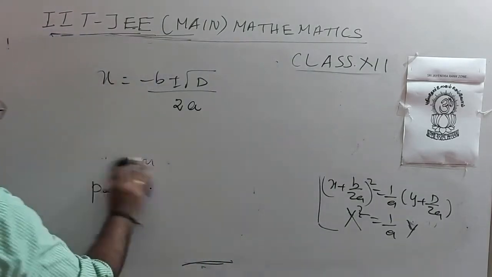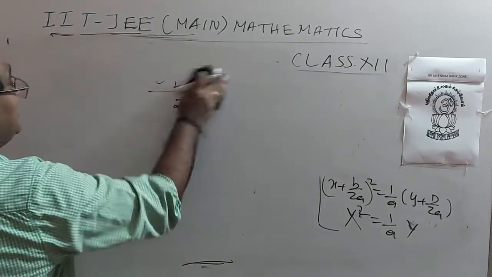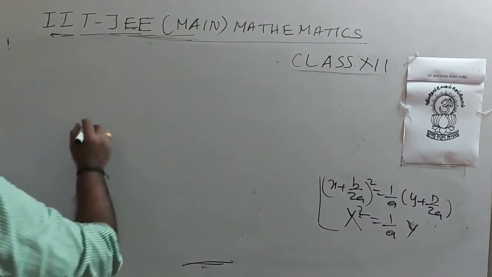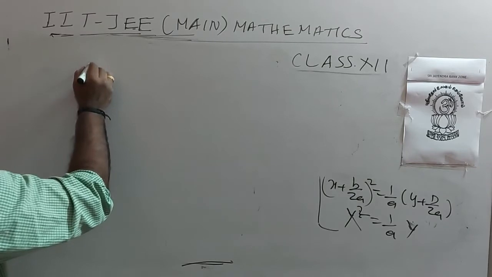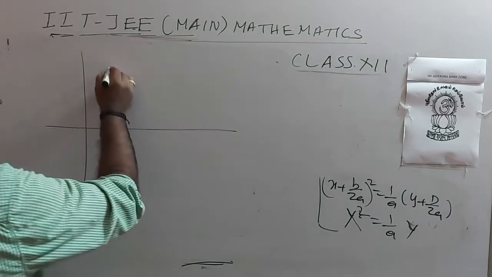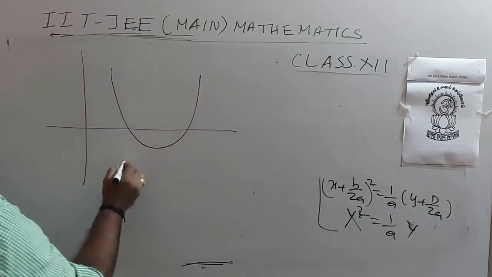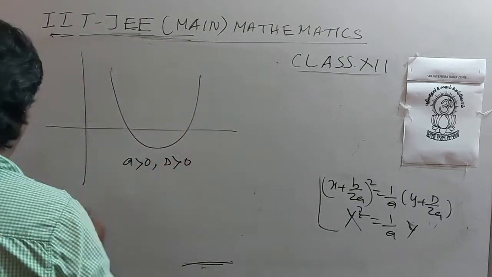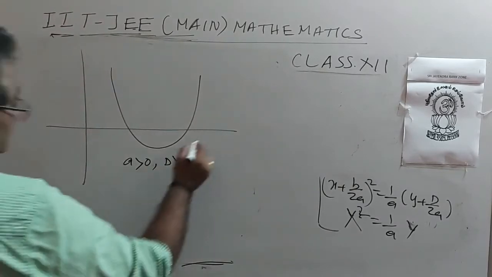D positive means it cuts at two real distinct points. In this case, a positive, d also positive.